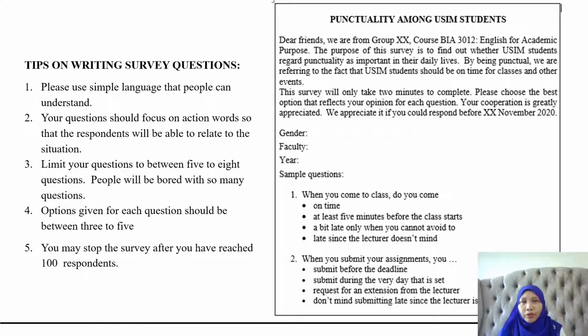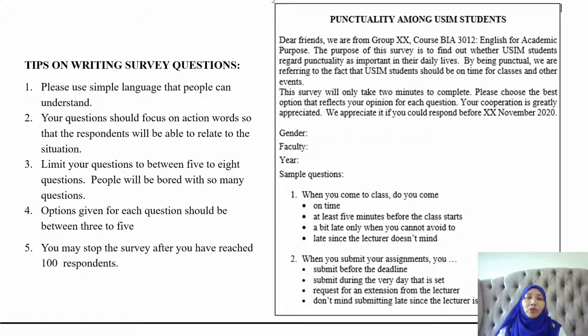Now before we do that, you need to administer a survey based on the topic that you have chosen. Now how do you do a survey question? This is a very interesting question because you people tend to be very direct and straight to the point when you do your survey, and usually it's very boring.